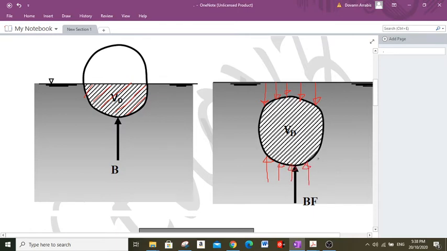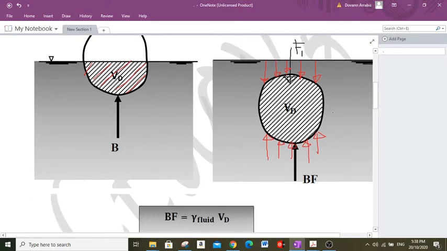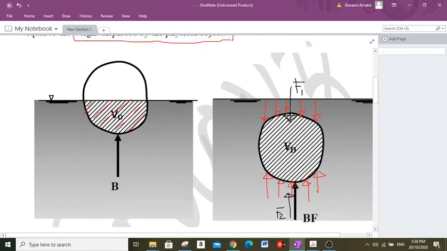Let's say the total force due to pressure at this surface we will call F1, and at this surface, F2.